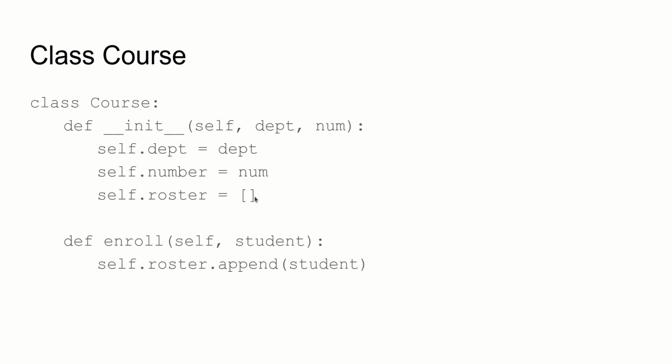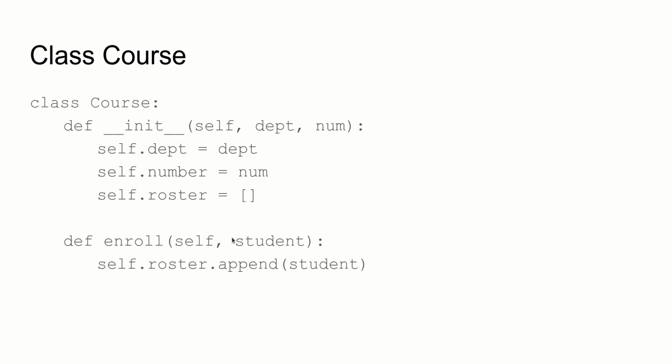The only way in this class that's defined here to reset the roster is to create a whole new course. We could also write a method like emptying out the class that would reset the roster too, or drop versus add, that kind of thing. Sure, we could absolutely do that.